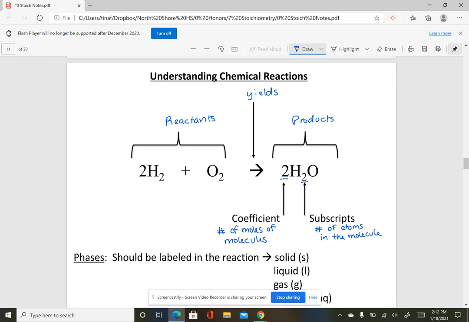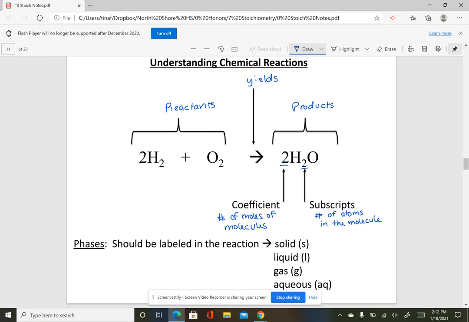Okay, so also, guys, when we write out a chemical reaction, we should also be labeling the phases. So down here, I gave you what the symbols would be. If it was a solid, we would write an S, liquid L, gas G, and then we remember this aqueous abbreviation means that it's dissolved in water. So depending on what's in the reaction, there are ways for us to know what phase of matter we should be labeling everything.